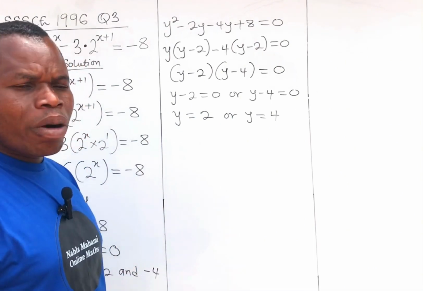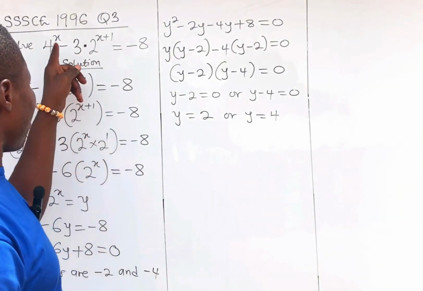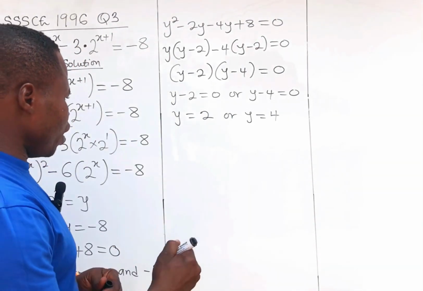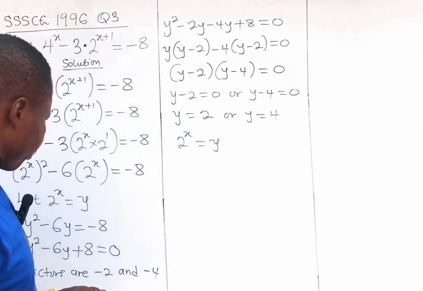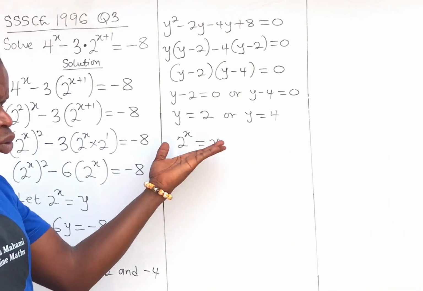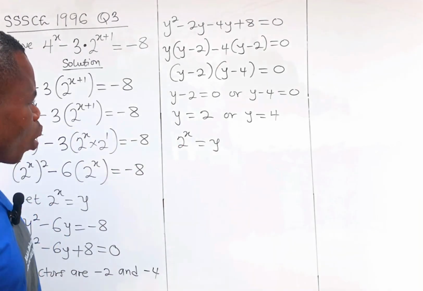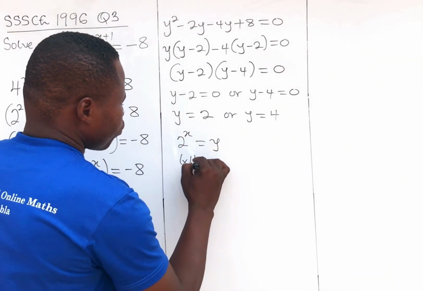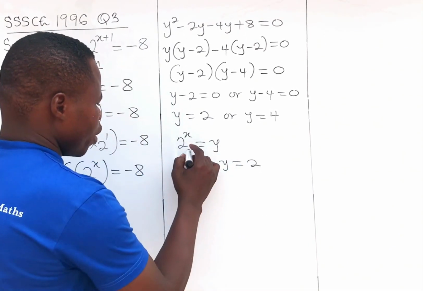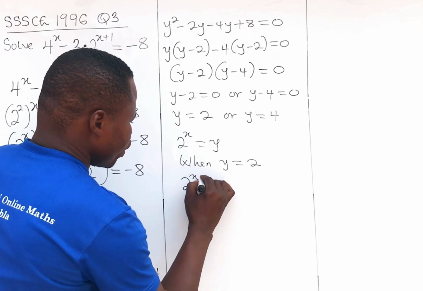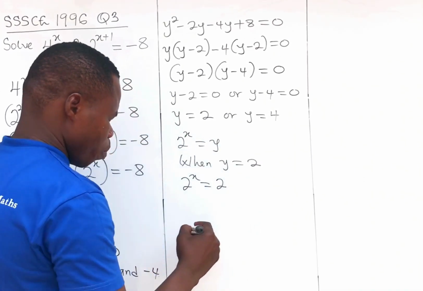But we are not asked to solve for y. We are asked to solve for x. But initially, we said that 2 exponent x should be equal to y. Well, now say that when y is equal to 2, it means that here I'll have 2 exponent x, which is equal to y, but y is 2.